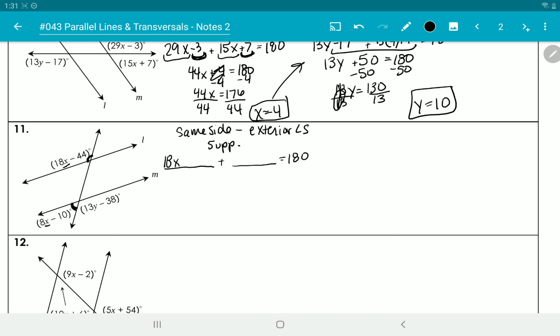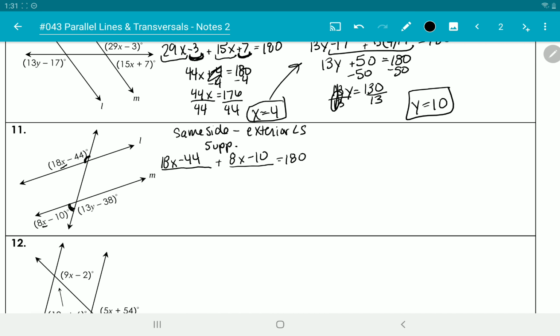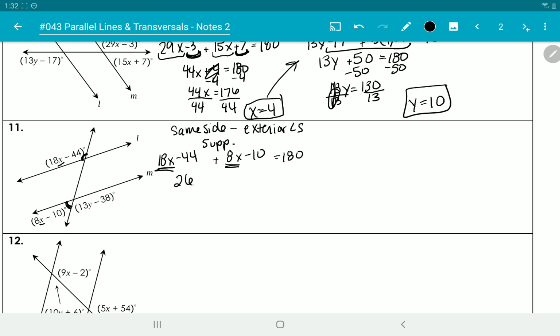So we have 18x minus 44 plus 8x minus 10. If we go ahead and add the ones with x together, 18x plus 8x, we're going to get 26x minus 44 minus 10, which is minus 54, equals 180.